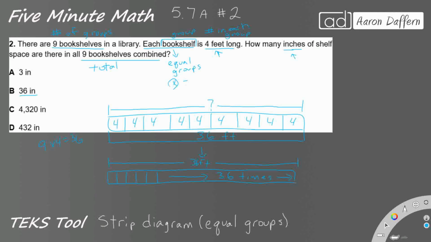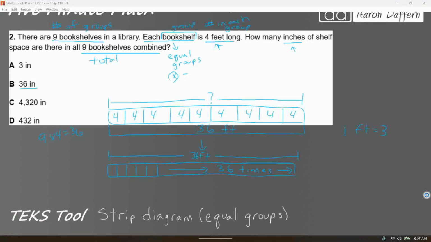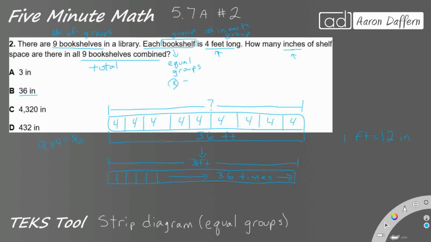And what we need to know is that 1 foot is going to equal 12 inches. And so we've got 12 inches right there. So inside this foot, I've got 12 inches, 12 inches, 12 inches, 12 inches, all the way across.